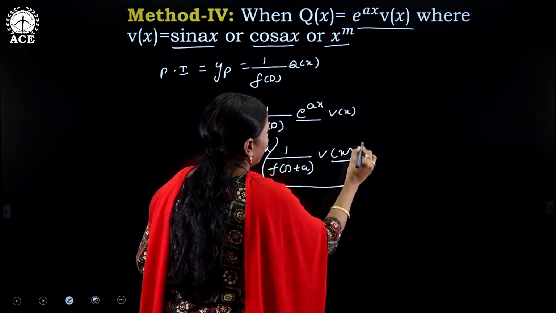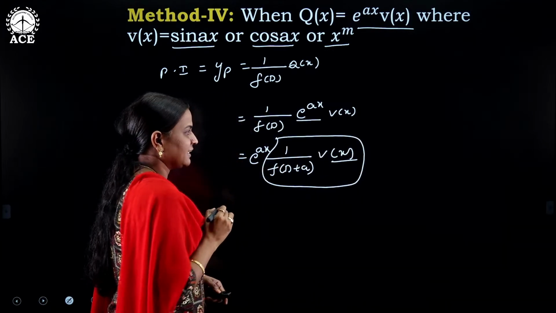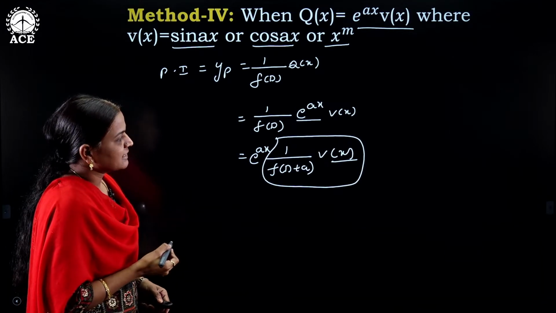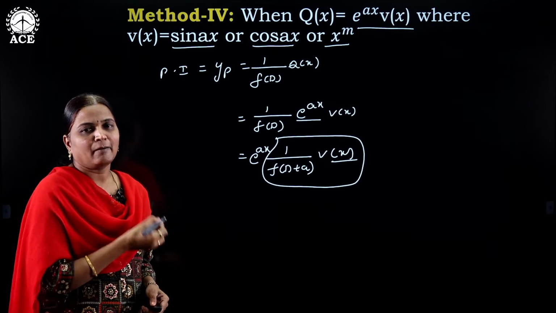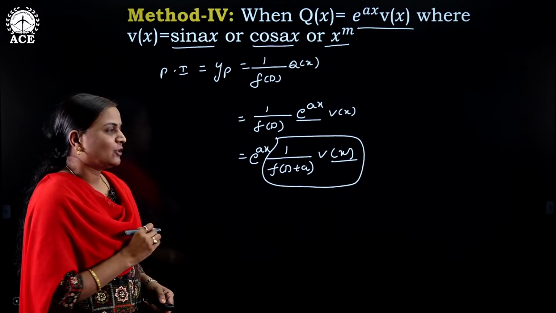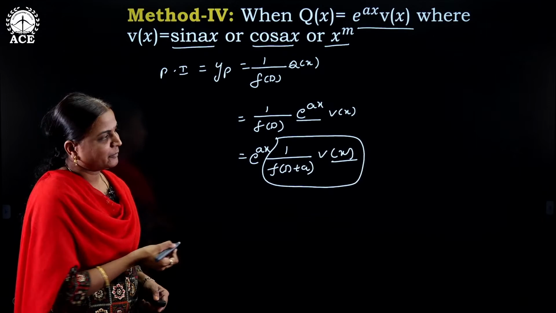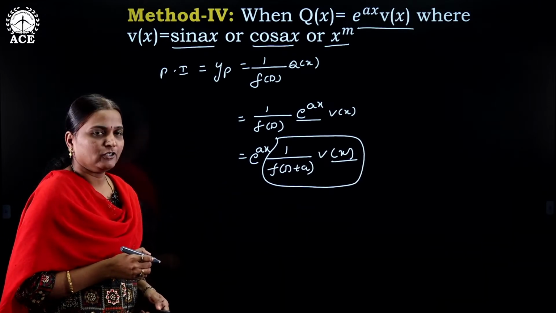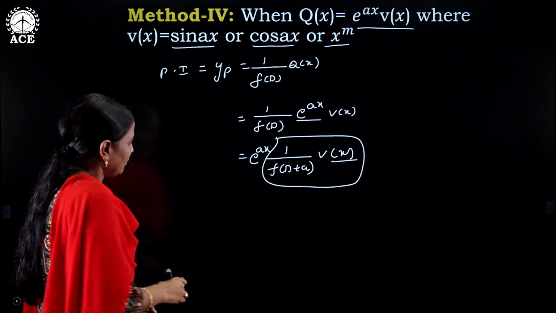So now operate this 1 by f of d plus a into v of x using the previous methods. When v of x is equal to sin ax or cos ax, apply the second method. When v of x equals x power m, apply the third method. This is the procedure to find the particular integral when q of x equals e power ax into v of x.